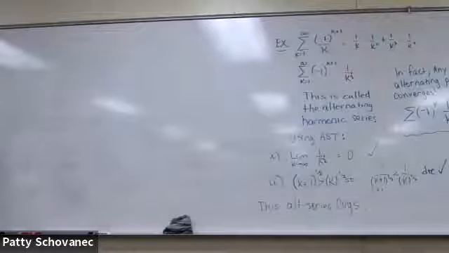There's an alternating series equal to the sum from 1 to infinity of negative 1 to the k, divided by, I don't know, it's kind of redundant.